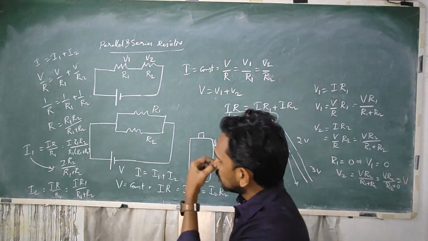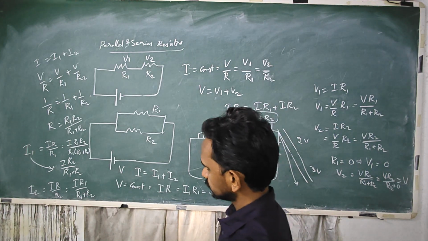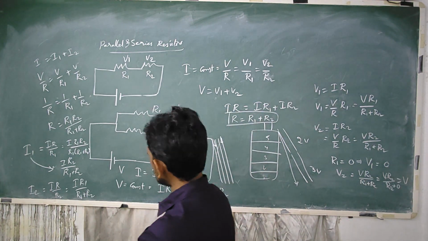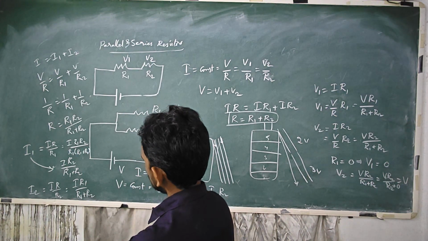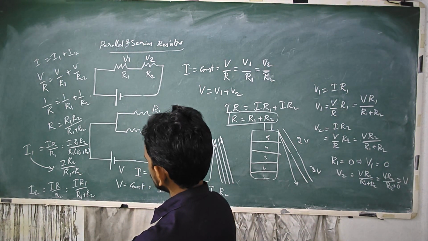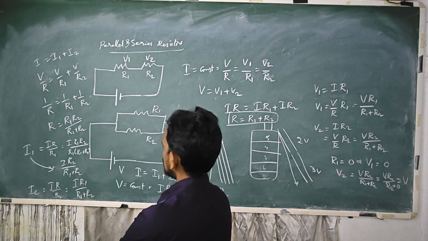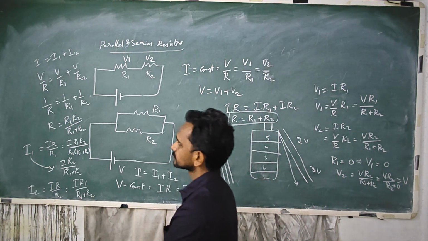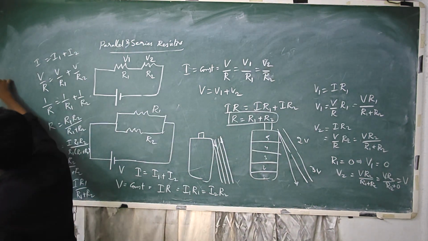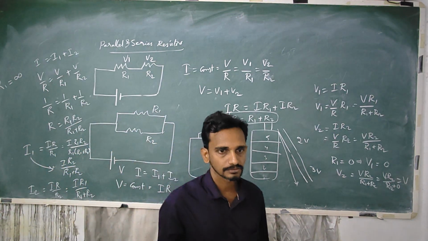Okay, so now I'll take these special cases. Let's say R1 is infinity, which means I'm removing that resistance.